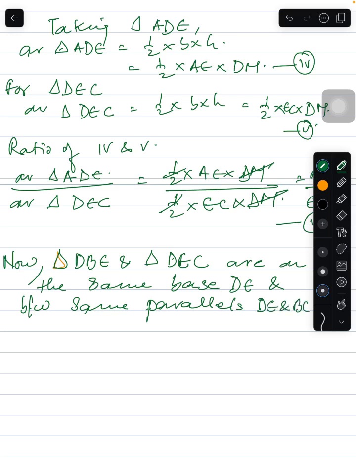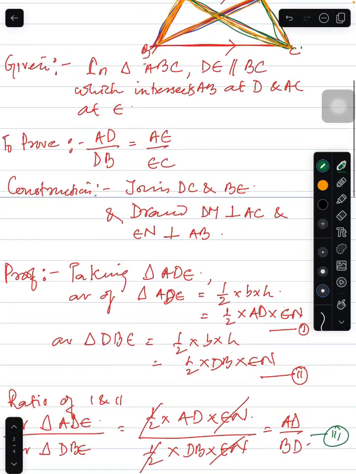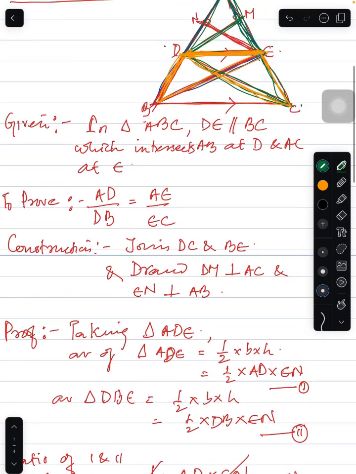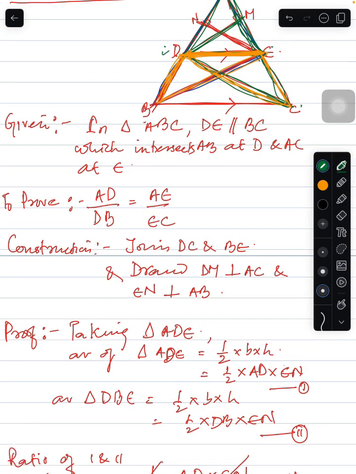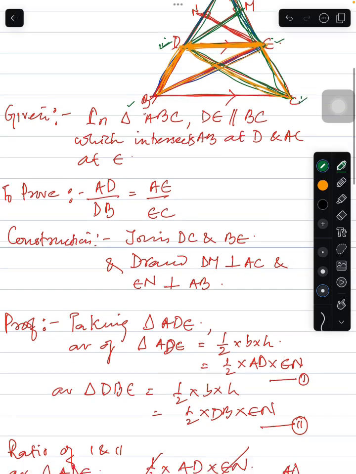Therefore, their areas are equal. So, area of DBE and area of DCE.